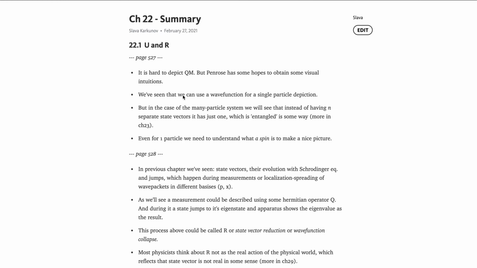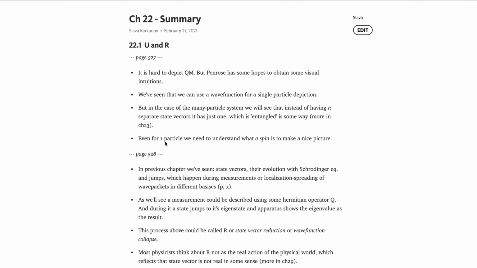He says we've seen that we can use a wave function for a single particle depiction, and we can think that's enough, but in the case of a many-particle system, we will see that instead of having n separate state vectors, that system will have just one, which is entangled in some way, and we will learn about entanglement more in chapter 23.